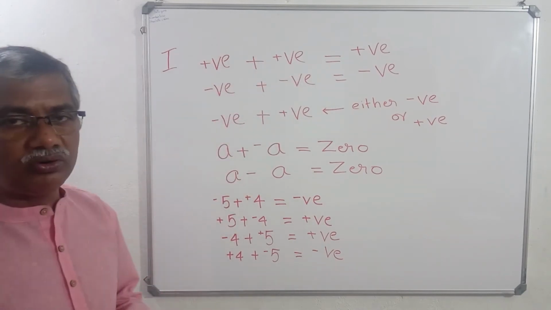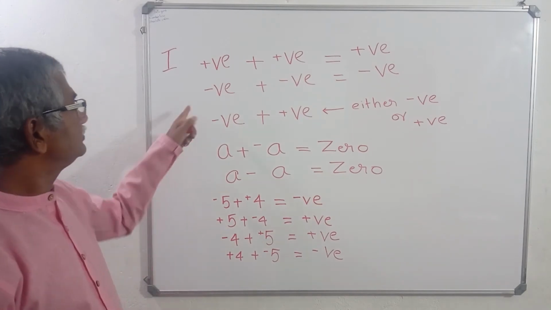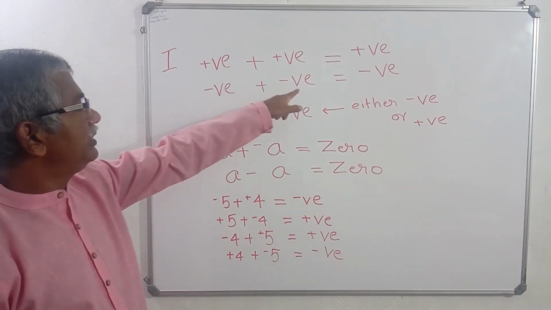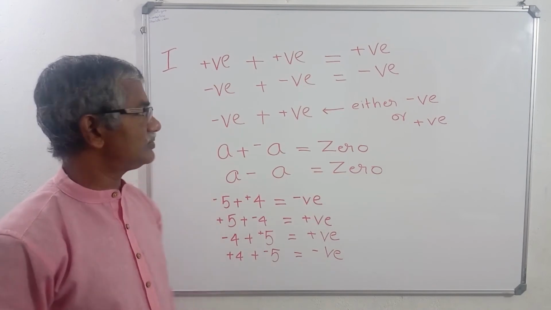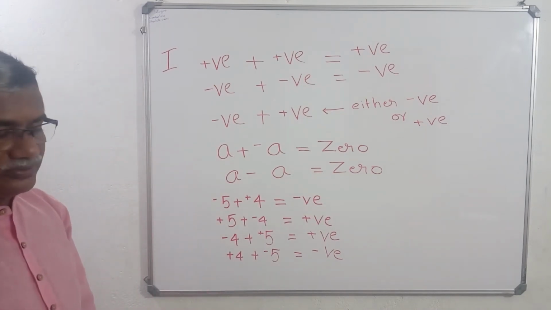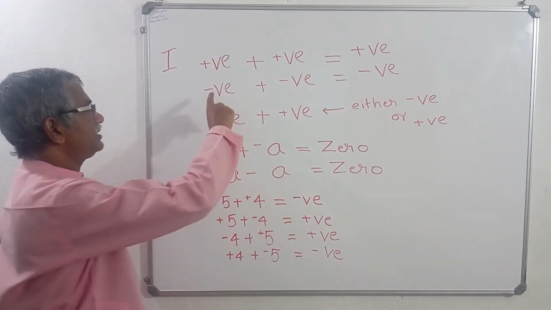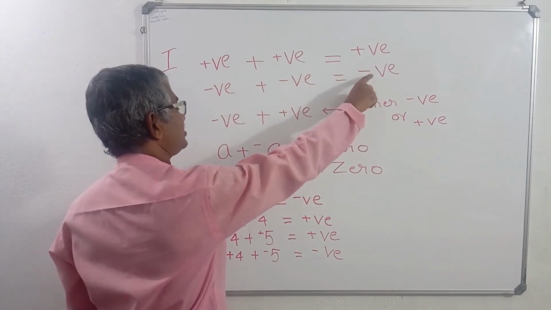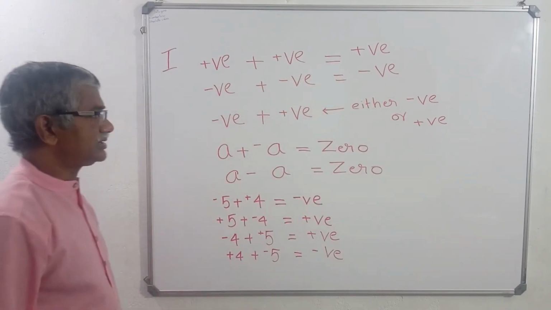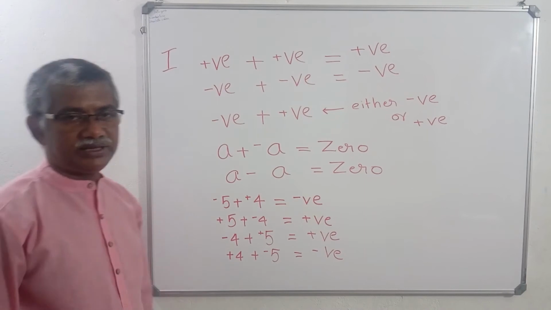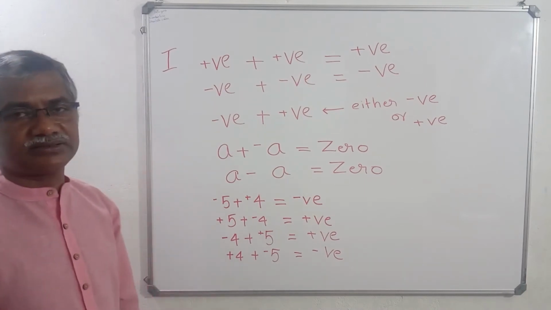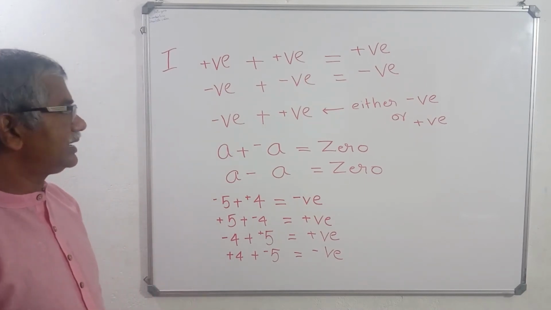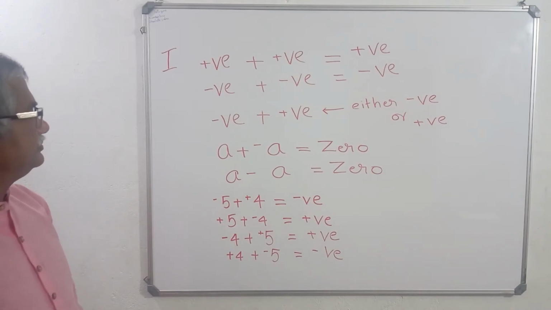It is always positive. The sum of 2 negative numbers is always negative. You should not say negative and negative get positive. That's a wrong statement. That is not always correct. That is correct in another case.